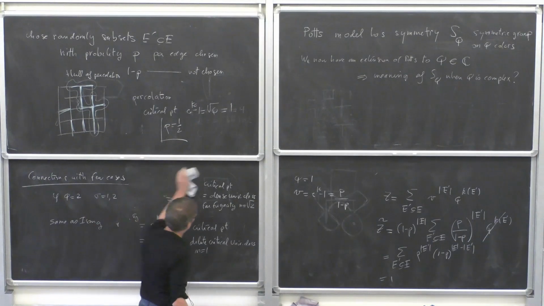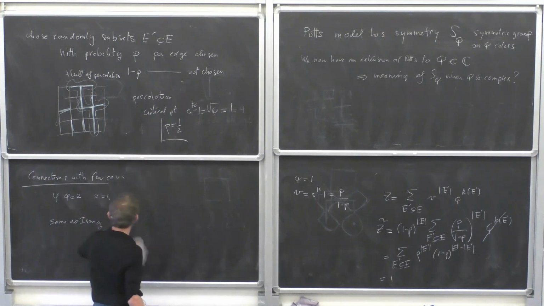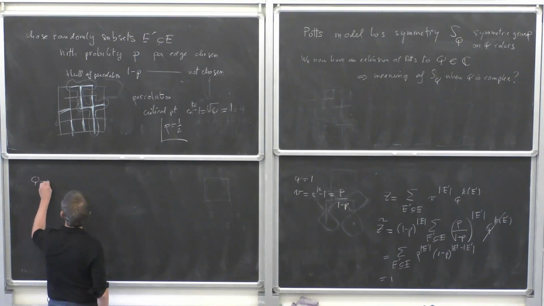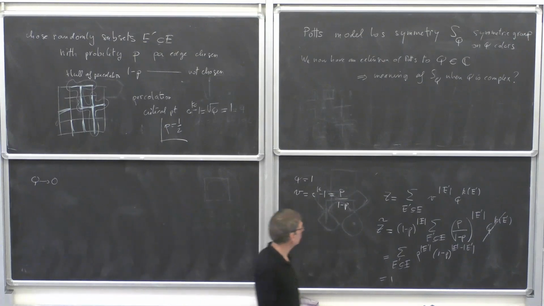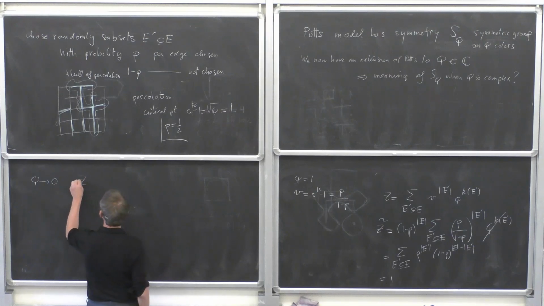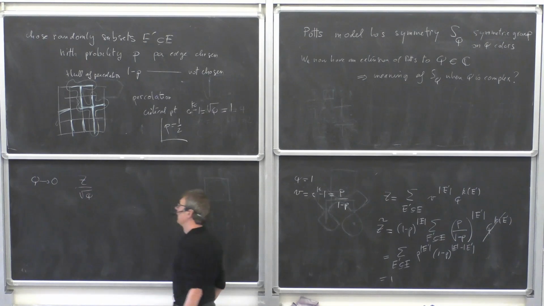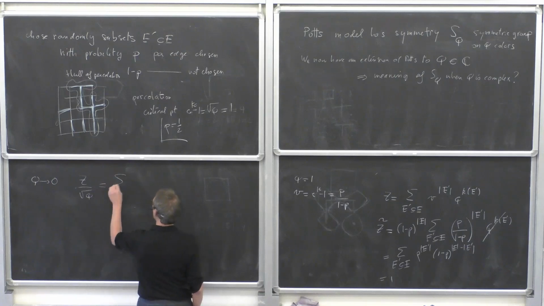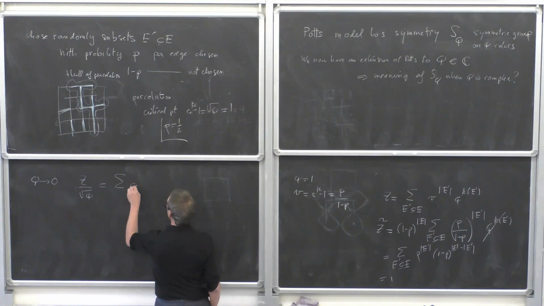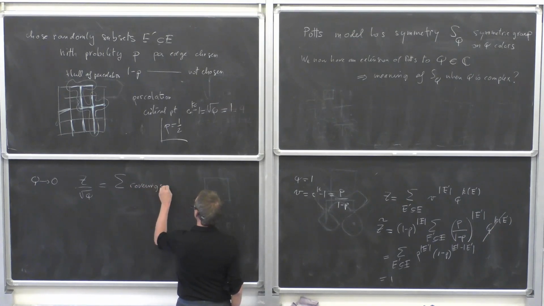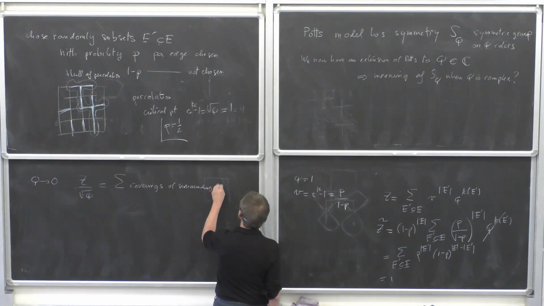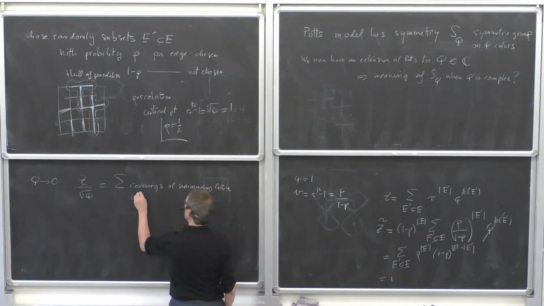Yet another example, how about q equals 0? Q equals 0 is also interesting. Of course, as q goes to 0, we can consider Z over square root of q, and what we see is that it's the sum over coverings of the surrounding lattice with only one loop.